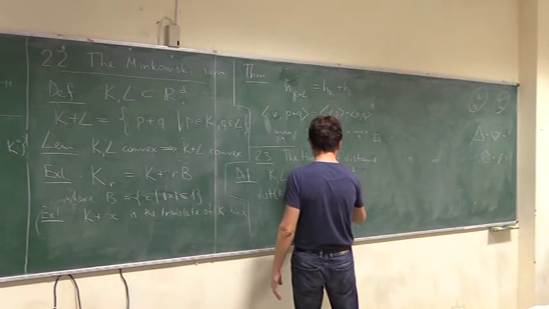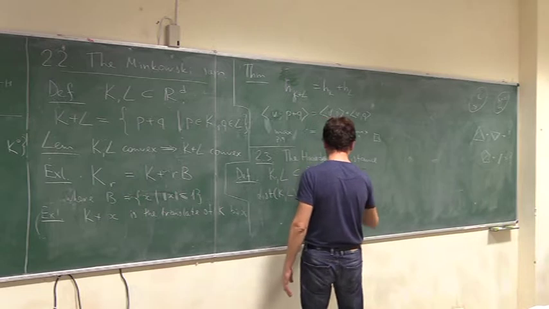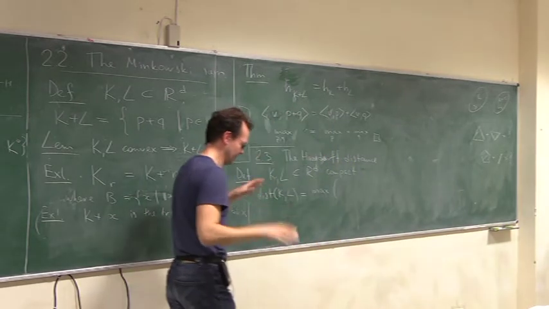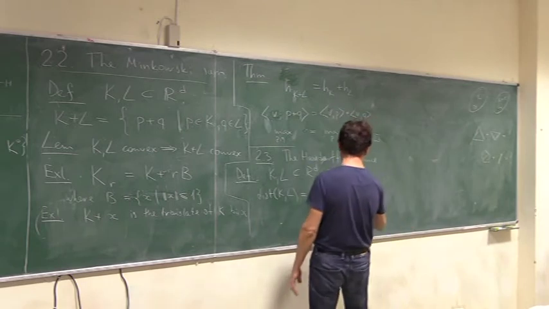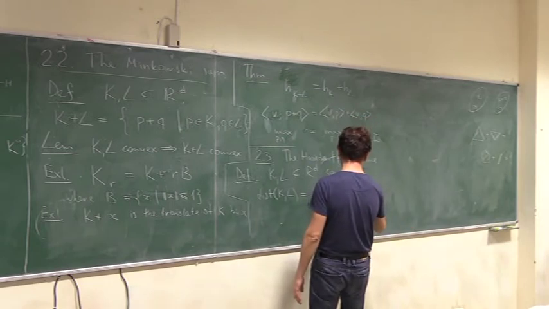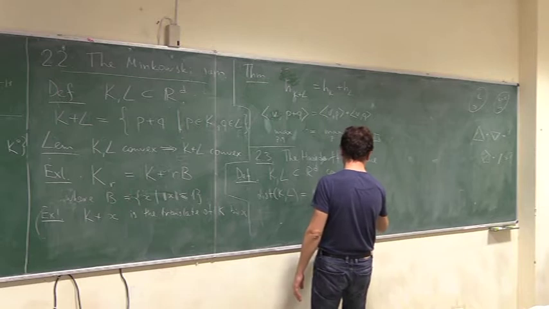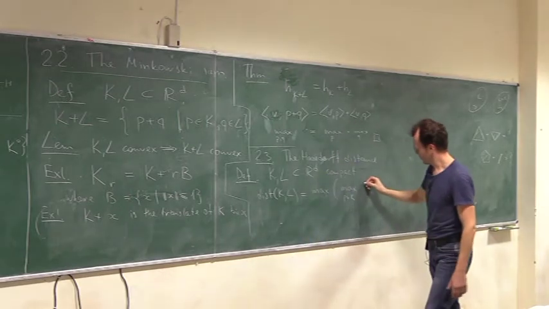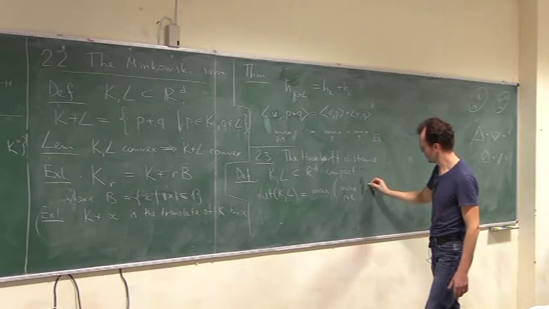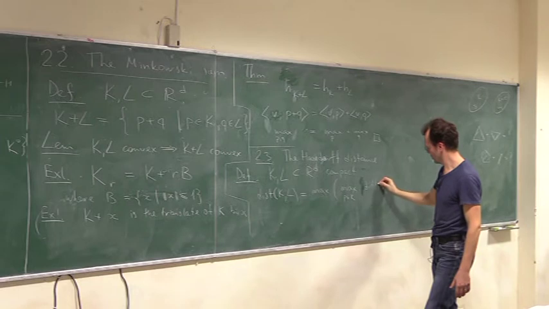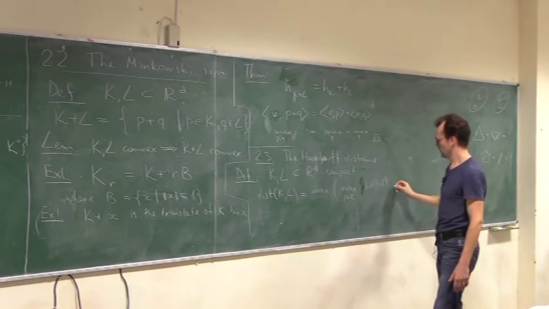So this is the maximum of two numbers, and one number is itself a maximum. So the maximum over all P in K of distances from P to L. Good.